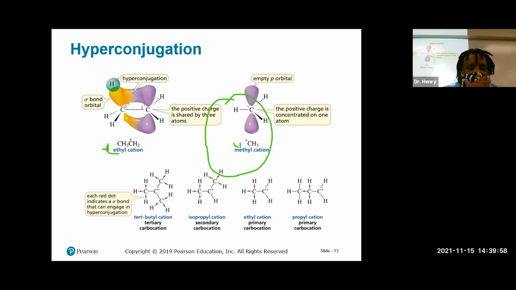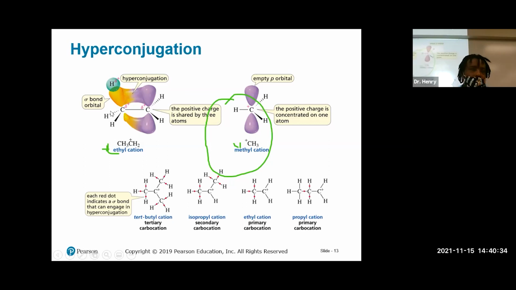So what affects that stability? If it becomes hyperconjugated. Hyperconjugated basically means that you're going to be adding that extra hydrogen with that plus charge on that carbon. So you have basically a partially positive hydrogen interacting with a partially positive carbon.